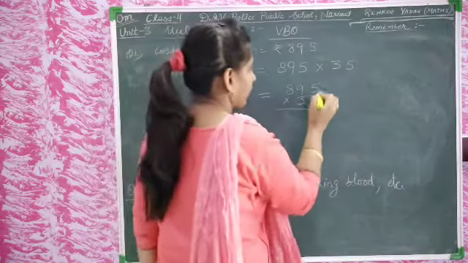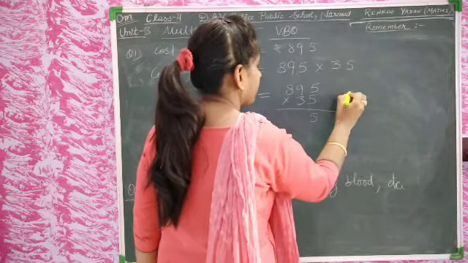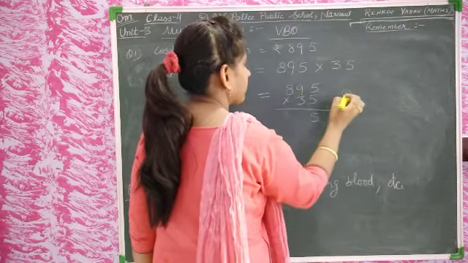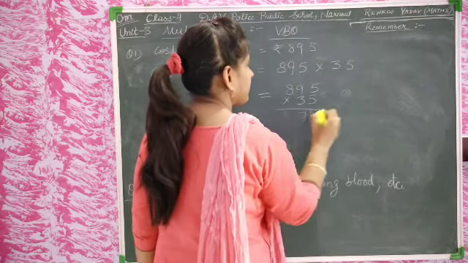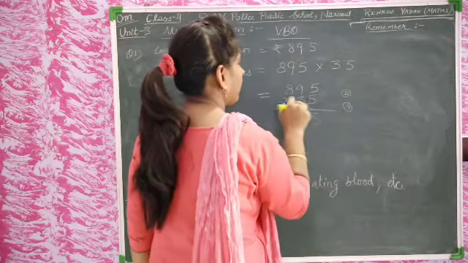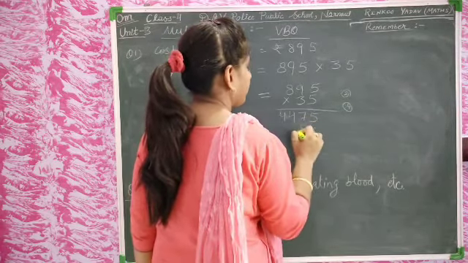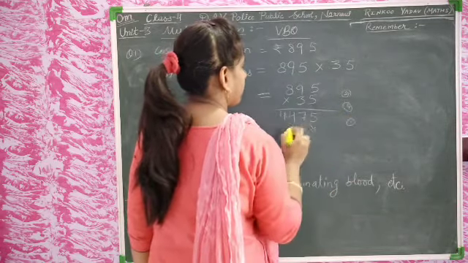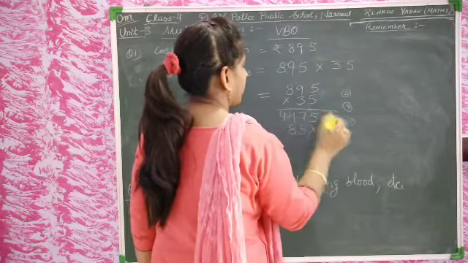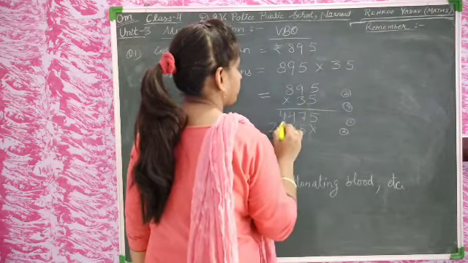So we get 5 5s are 25, carry 2. 5 9s are 45 plus 2, 47, carry 4. And 5 8s are 40, 40 plus 4, 44. 3 5s are 15. 3 9s are 27 plus 1, 28. And 3 8s are 24 plus 2, 26.